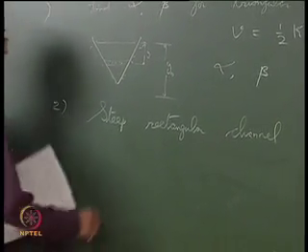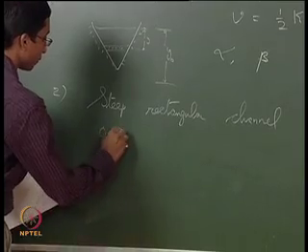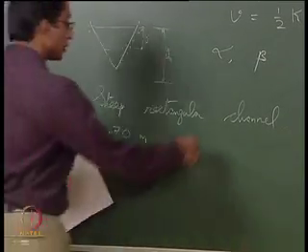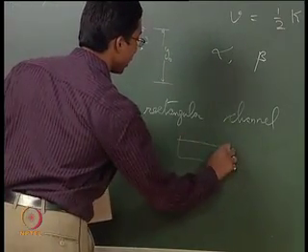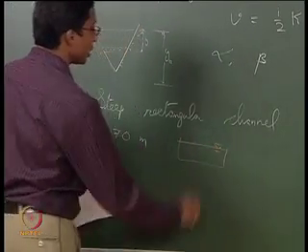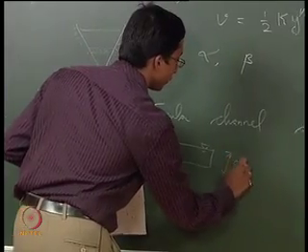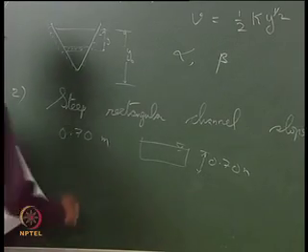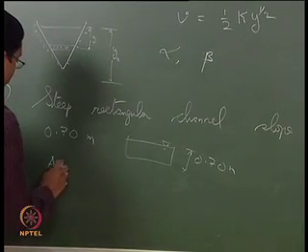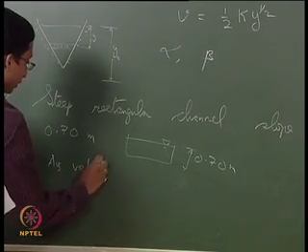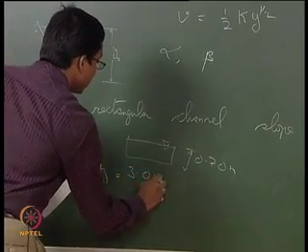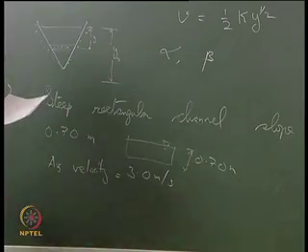At a particular section in the rectangular channel the depth of flow is 0.7 meter. Average velocity was observed to be 3 meter per second.